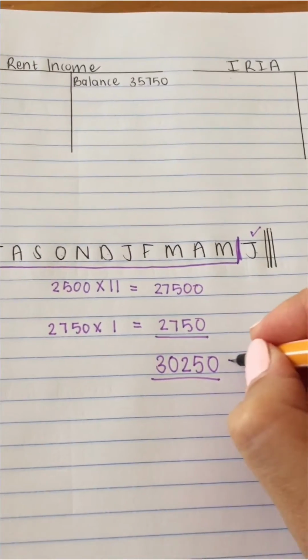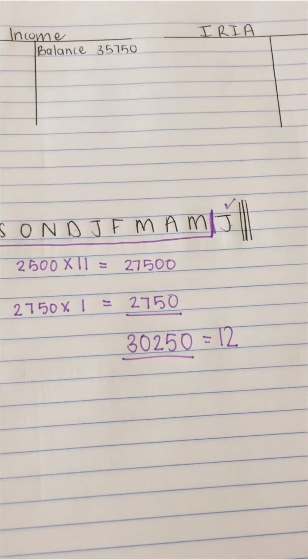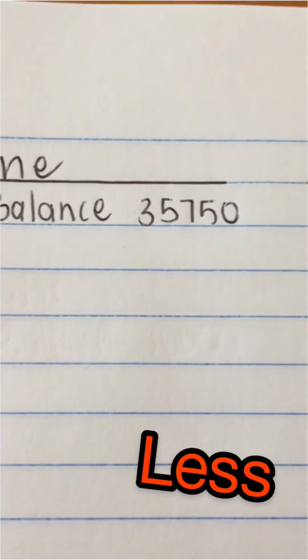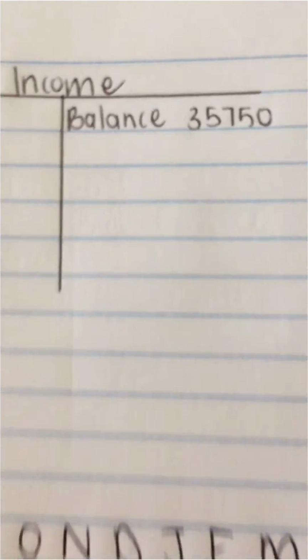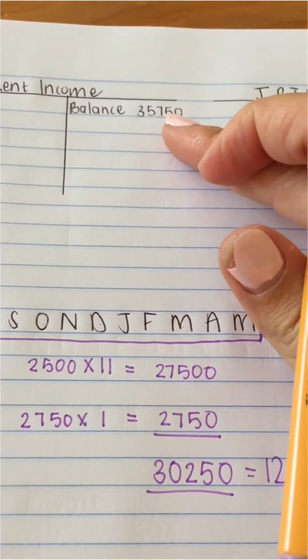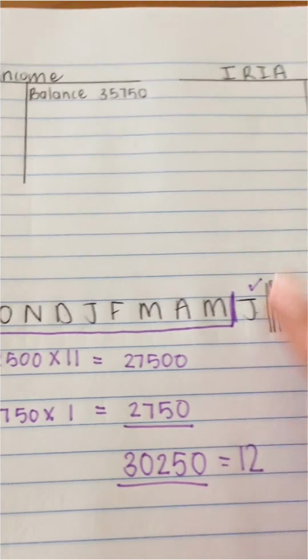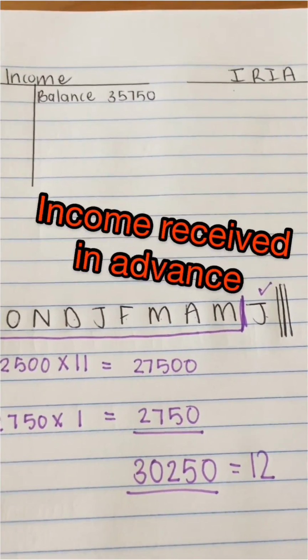So that is the rent for 12 months. That is less than the 35 I got, which means I got more than I should have. So the difference between the 35 and the 30 will then obviously be income received in advance.